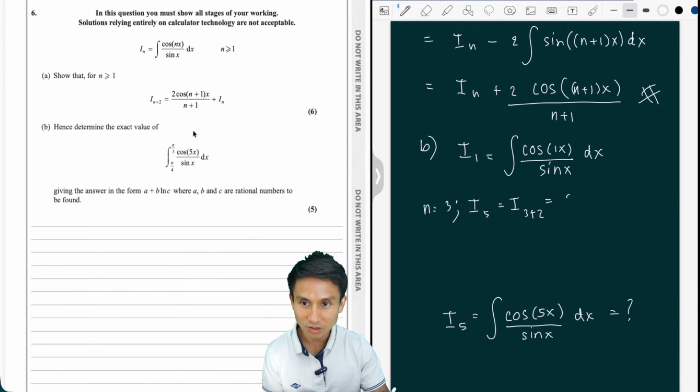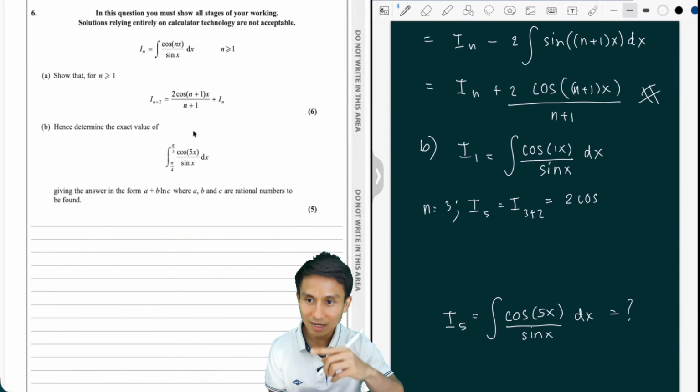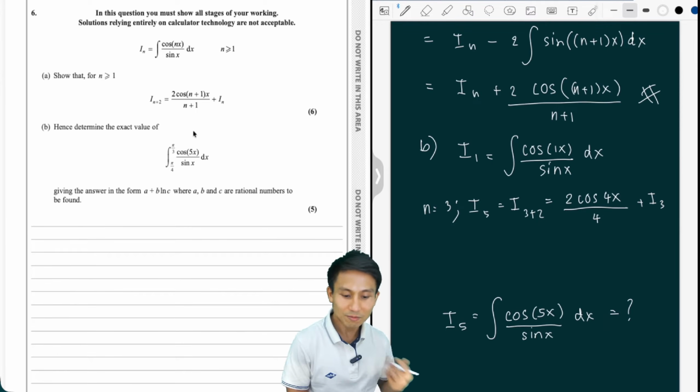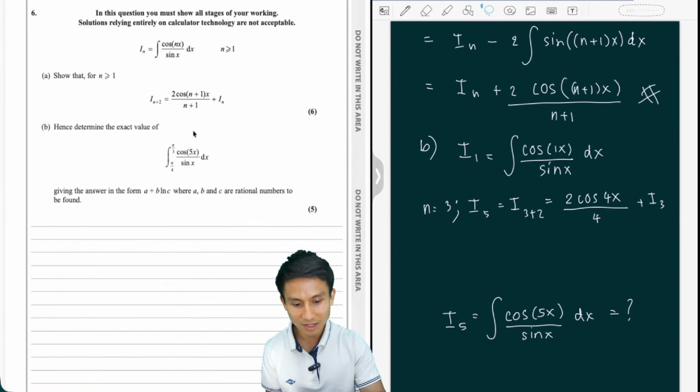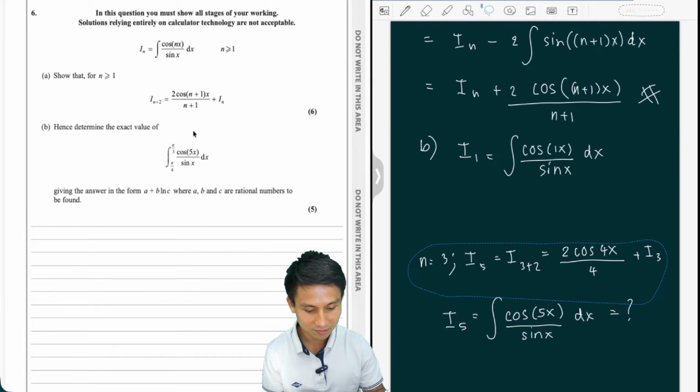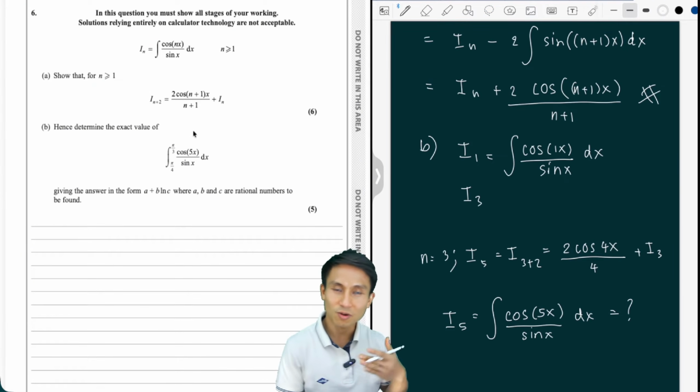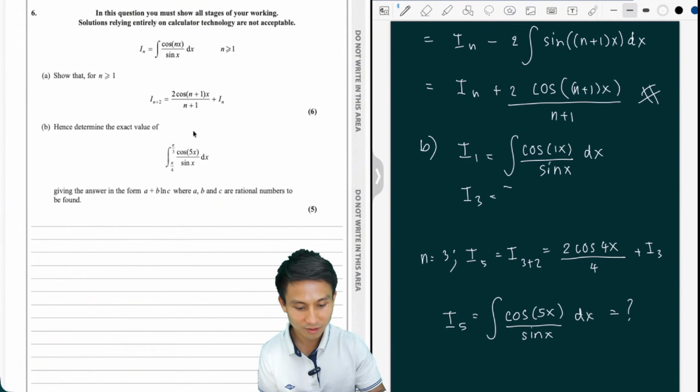So that's going to be what? 2 cos n, in this case 3, so 3 plus 1 is 4, so cos 4x divided by 4, plus I3. That means we need I3. So let's find I3. How do we find I3? Well, I3 is from I1 plus 2.